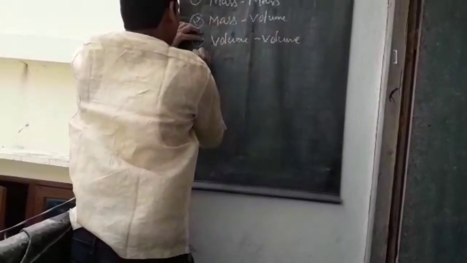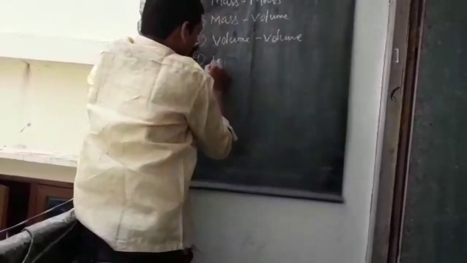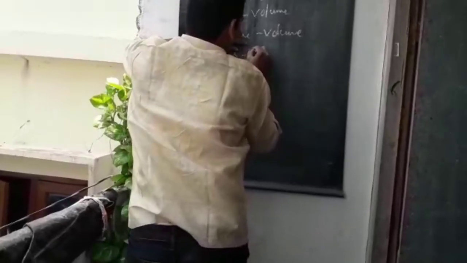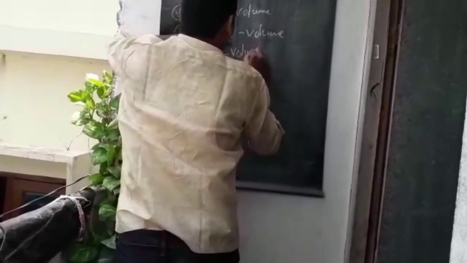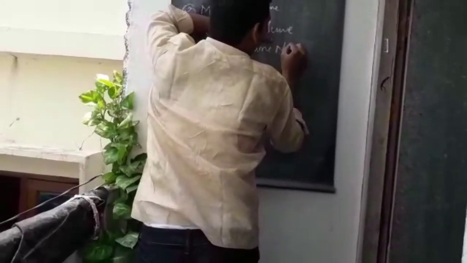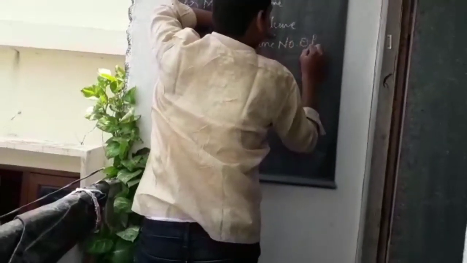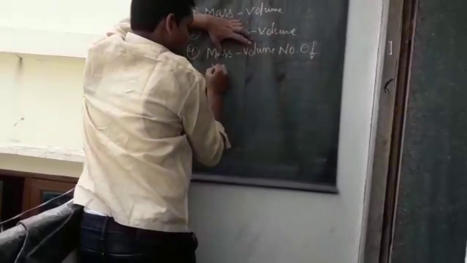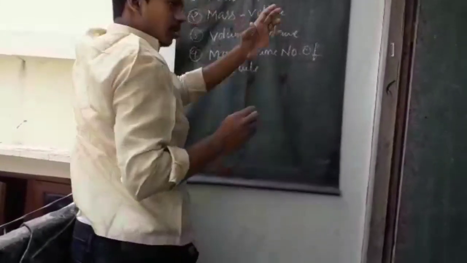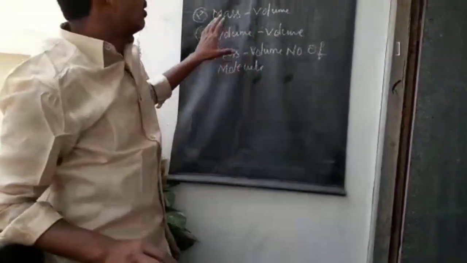And fourth one, mass, volume, comma, number of molecules. Number of molecules. So here, volume I'll explain.